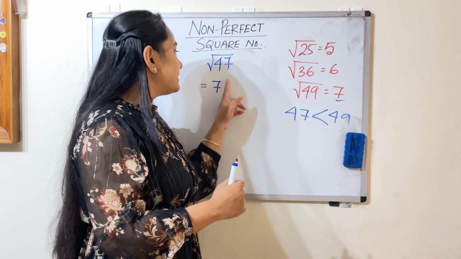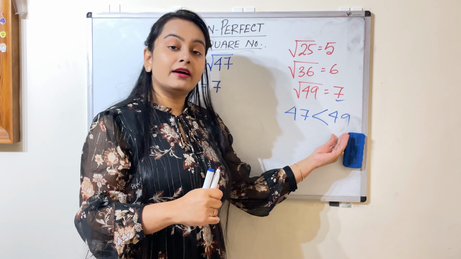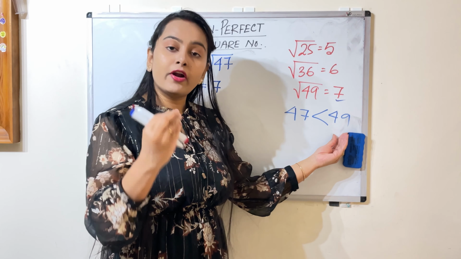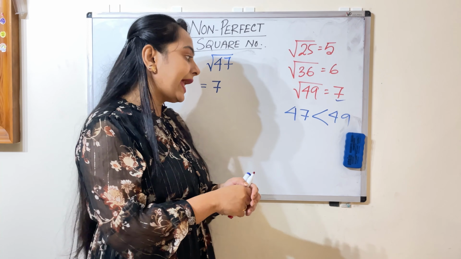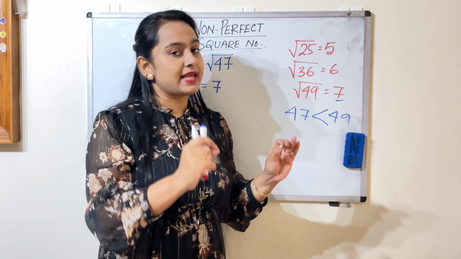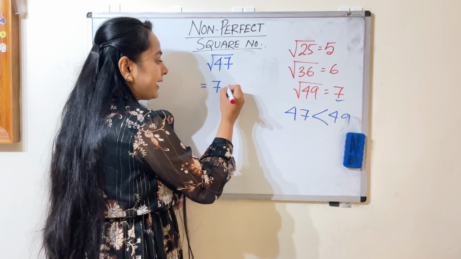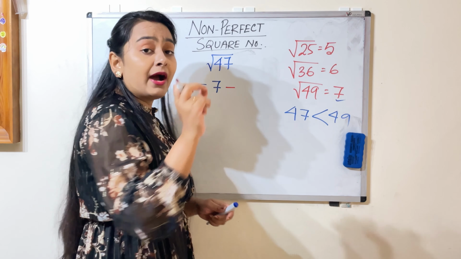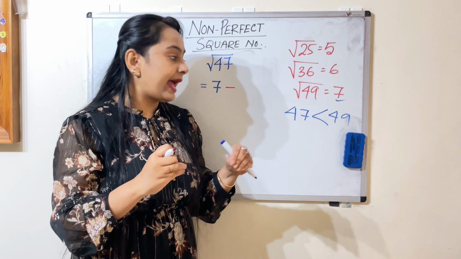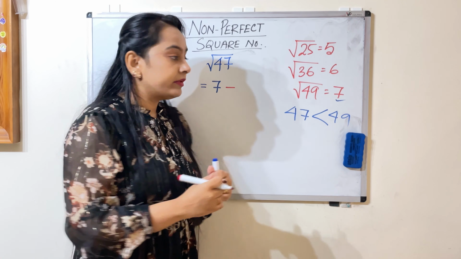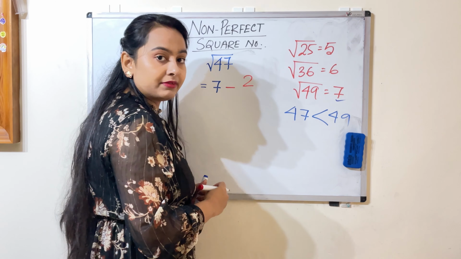Here 47 is smaller than 49, the nearest square number. So that time we have to use the minus sign with it, right? Now what we calculate: 47 is how much smaller than 49? 2, right?